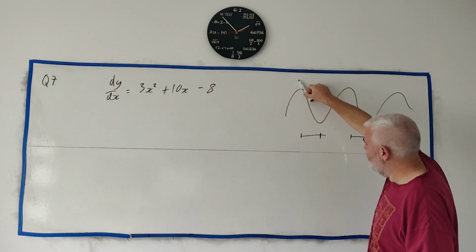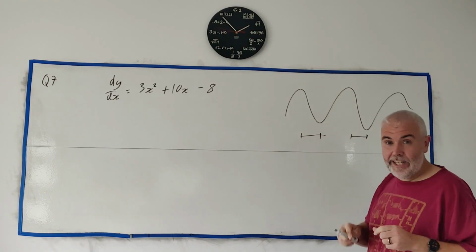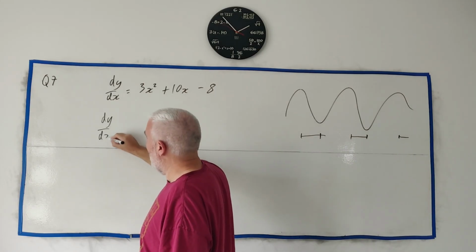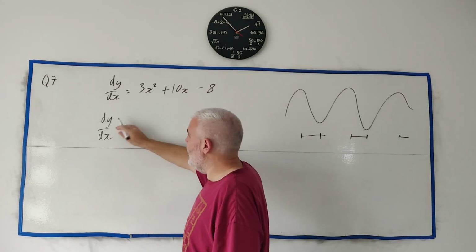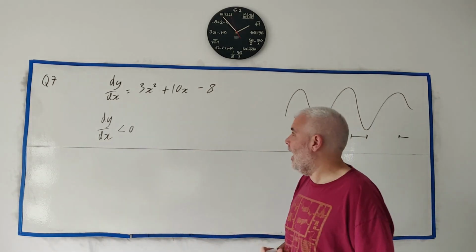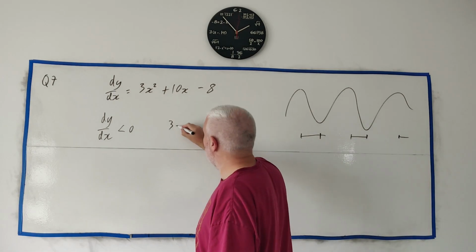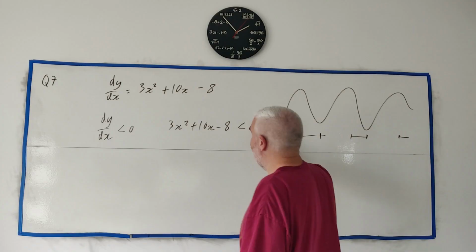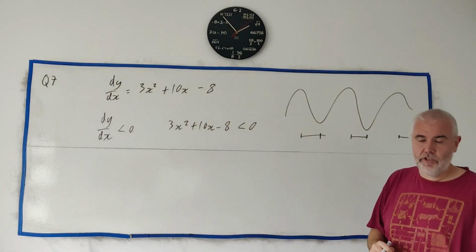When it's less than 0, it's going down. So really what they're asking here is find the set of values for x such that dy/dx is less than 0. That's really what they've asked you here. And to write that again, that's 3x squared plus 10x minus 8 is less than 0. This is what they want you to know about.